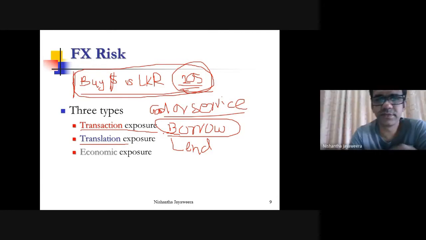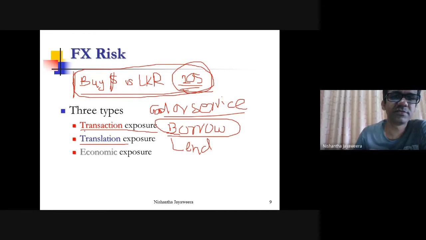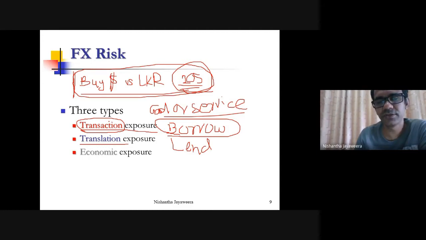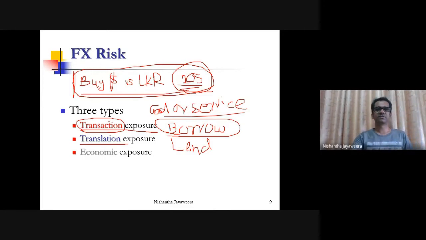So remember the word transaction, it doesn't mean only a foreign exchange transaction. It can be a transaction you entered into, denominated in foreign currencies. It may be a buy and sell of goods or services or something like that, or maybe a borrowing or lending in foreign currency.